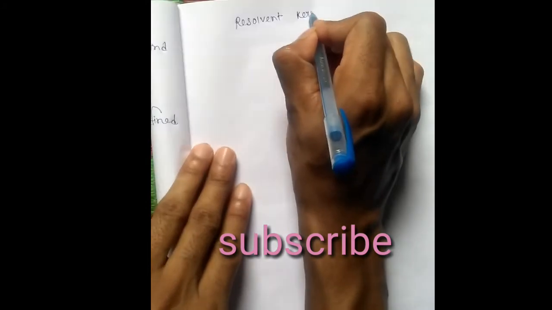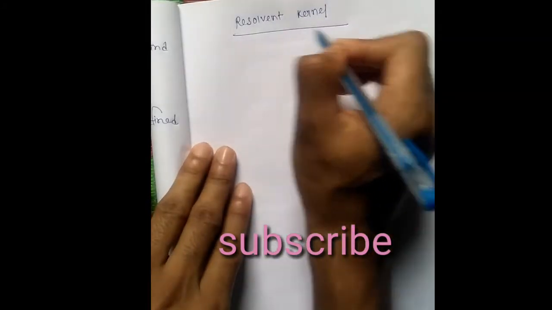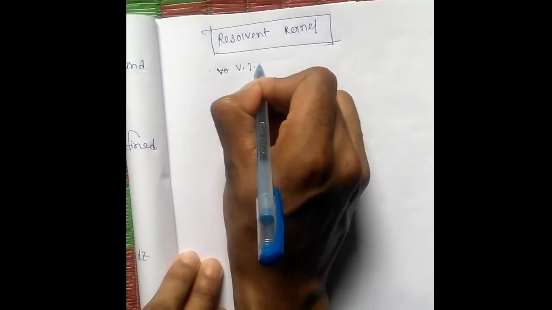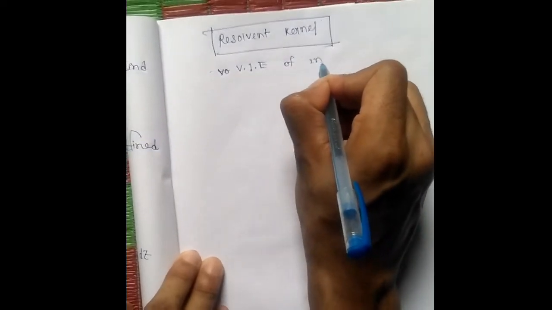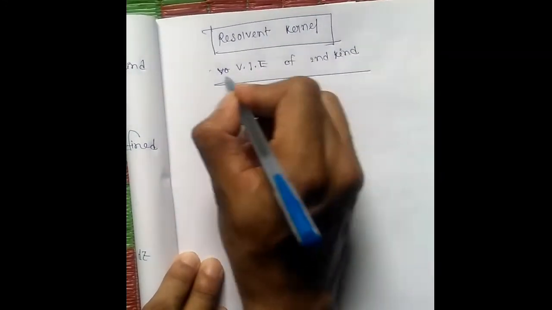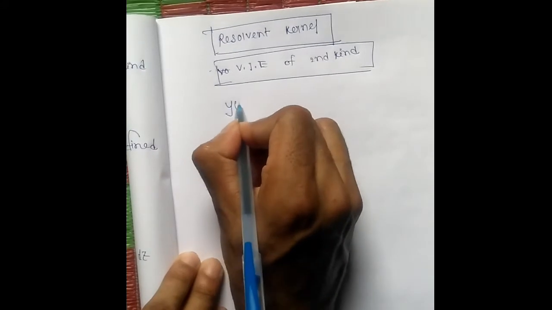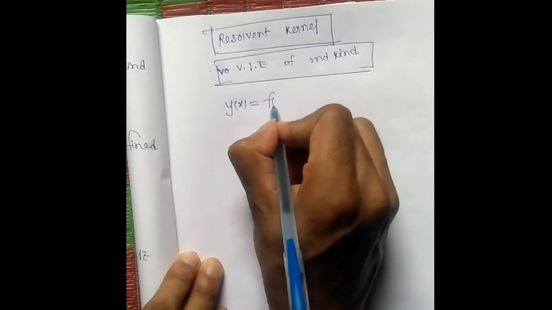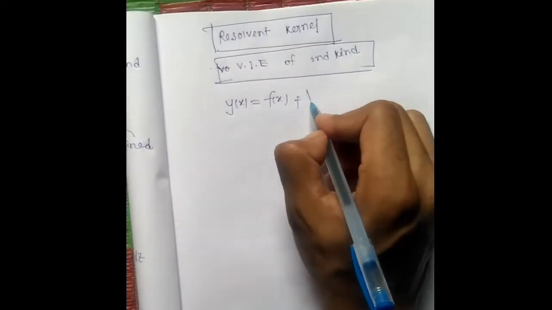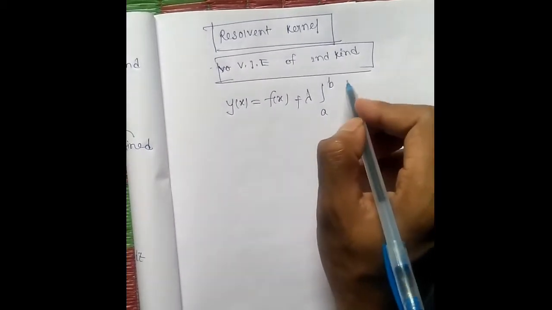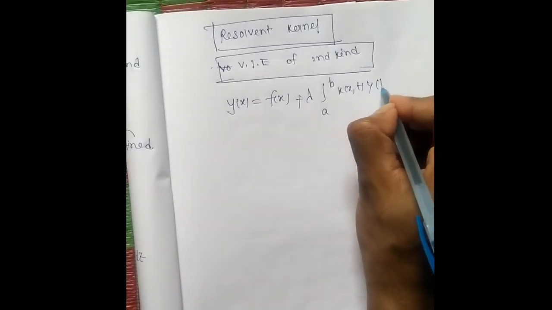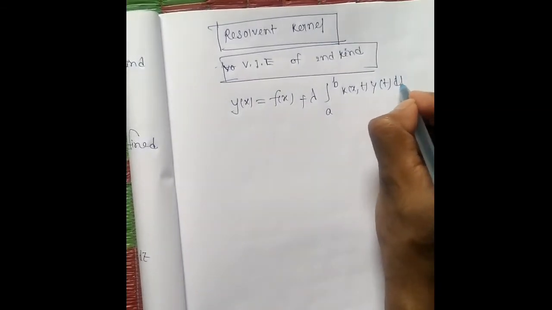Next we talk about a resolvent kernel. Now resolvent kernel is, consider Fredholm integral equation of second kind, that is y(x) equal to f(x) plus lambda integration over a to b K(x,t) y(t) dt.